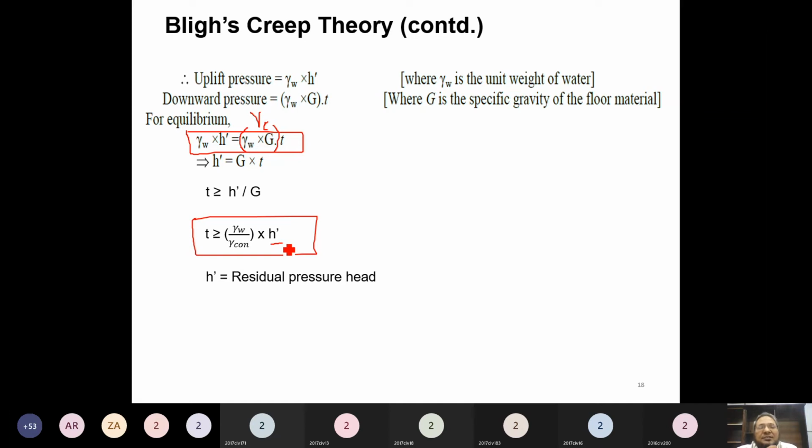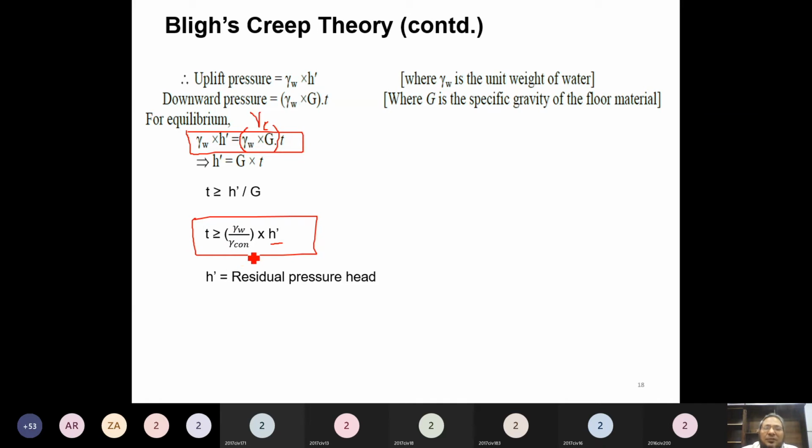Any question about this? ठीक हो गया? Yes, sir. Okay. Now I have one question. If my uplift pressure head is 1 meter, how much thickness of concrete do I need?